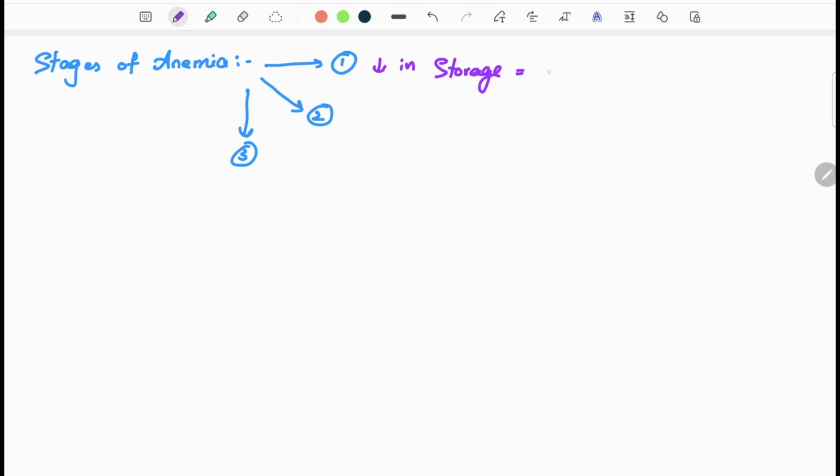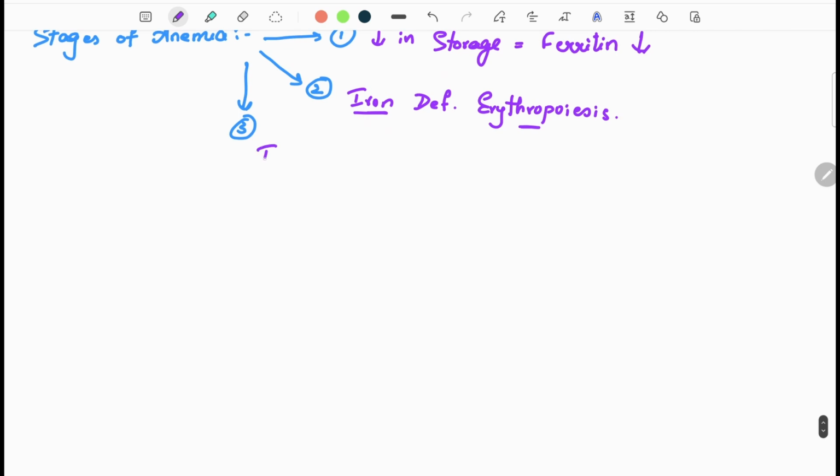It is stored in the form of ferritin, so ferritin is decreased in phase 1 of anemia. And second one is iron deficient erythropoiesis. Due to the decrease of iron, erythropoiesis will decrease. Okay. And the third one is iron deficiency anemia.